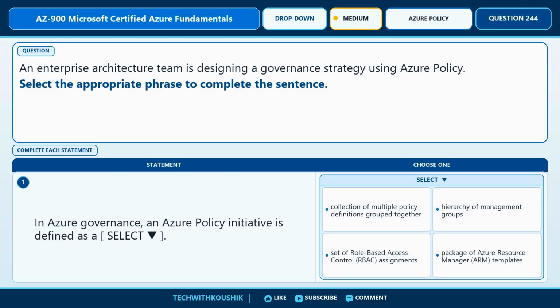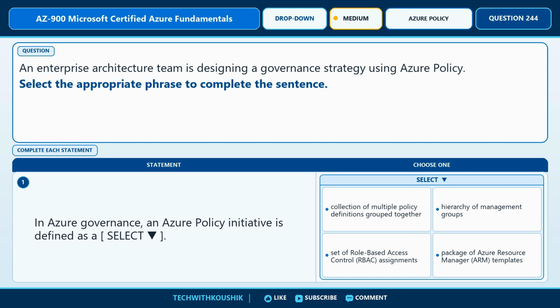Now let's examine question number 244. Next, let's move into Azure Policy. Take a moment to review this scenario. An enterprise architecture team is designing a governance strategy using Azure Policy. Select the appropriate phrase to complete the sentence. Statement 1.